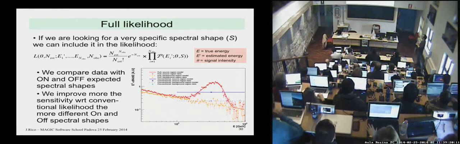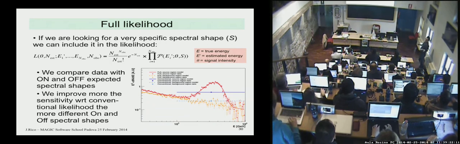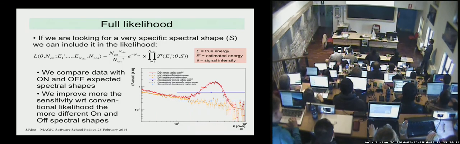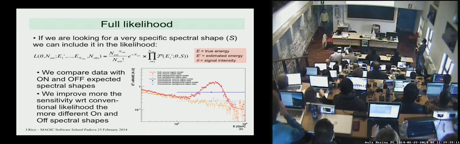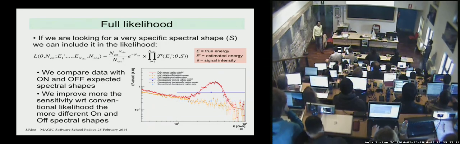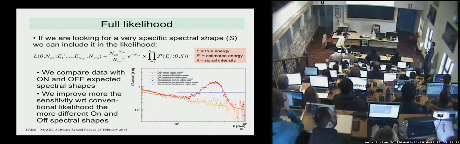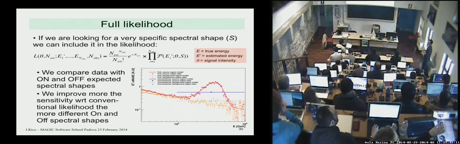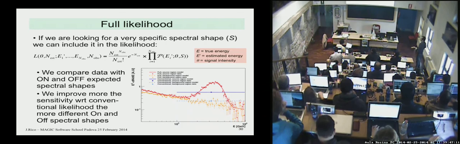This information is normally not included in the ideal likelihood, because there you are integrating the number of events in a certain energy range. By including this extra information, you can gain sensitivity. But the condition, as I say, is that the spectral shape, which I will call S, is known. And this is not true for many cases.